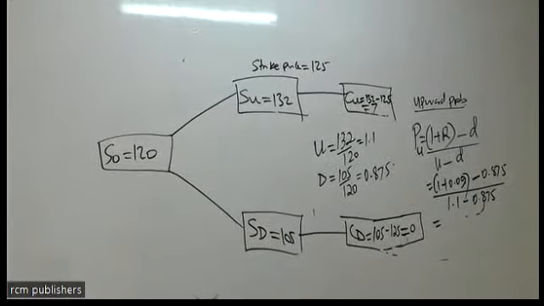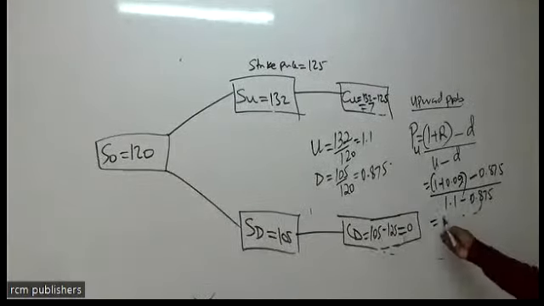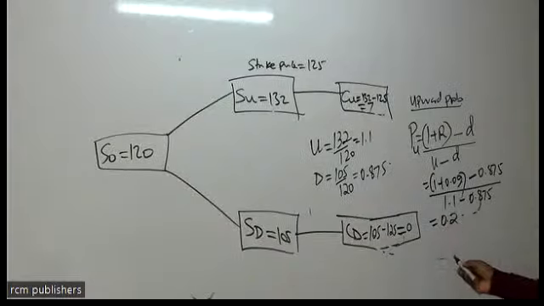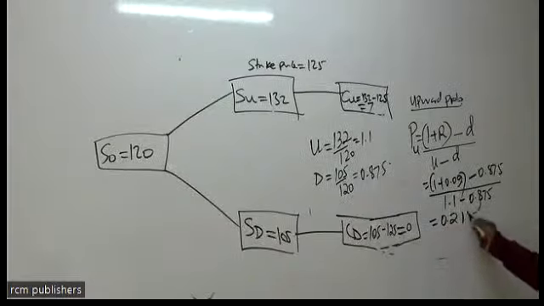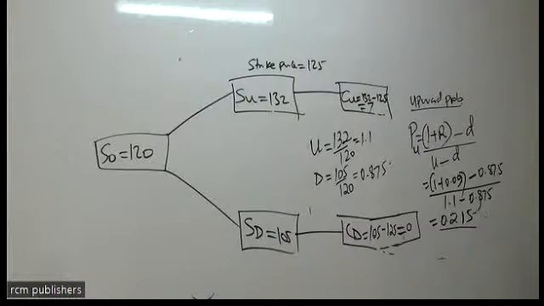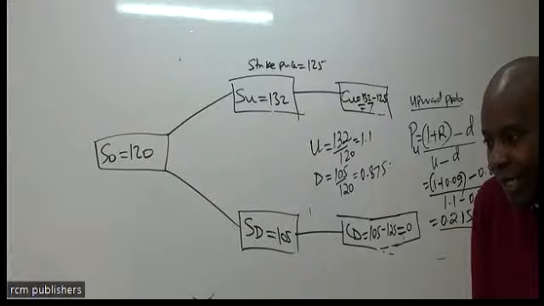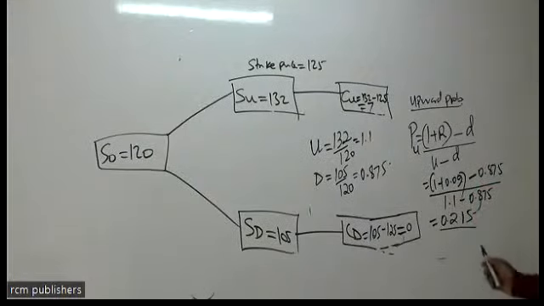So the numerator, I'm told here, is 0.215, divided by the denominator, which I'm told is 0.225. Thank you so much. So finally, what answer are we getting? 0.956.